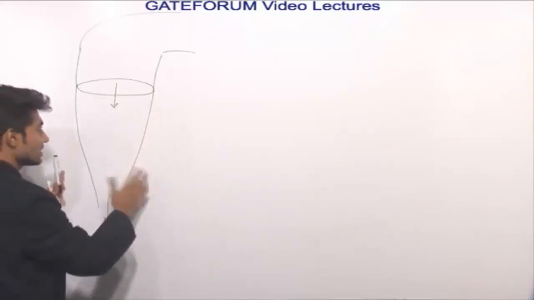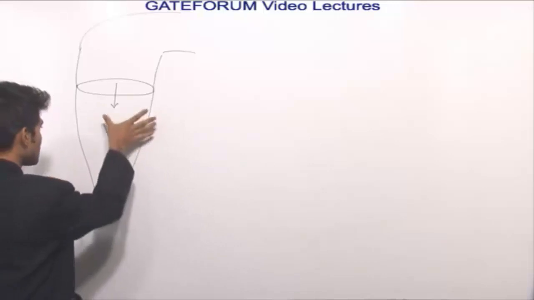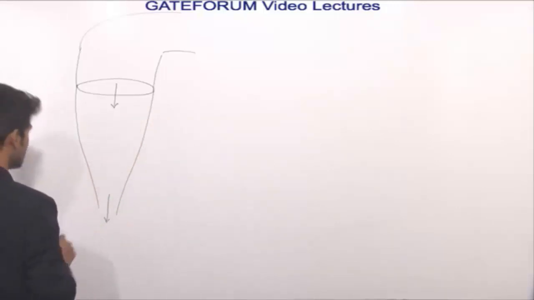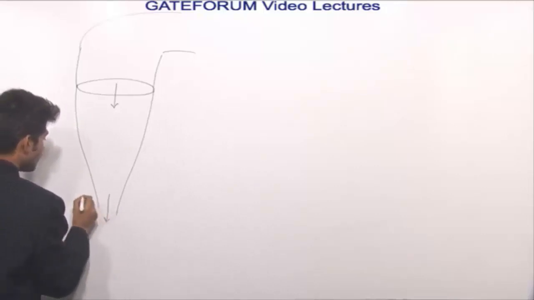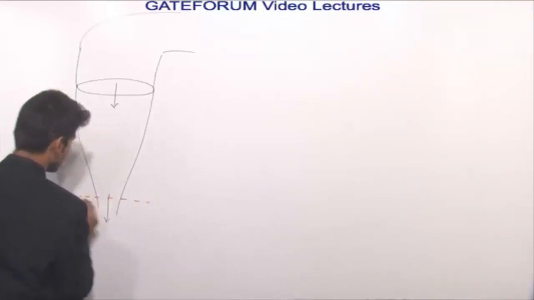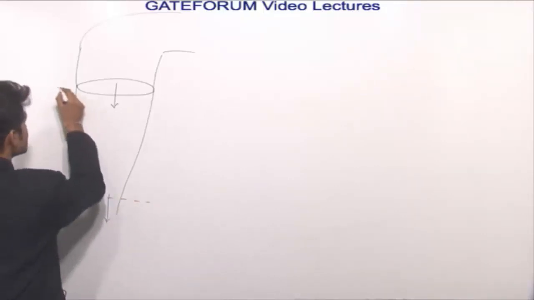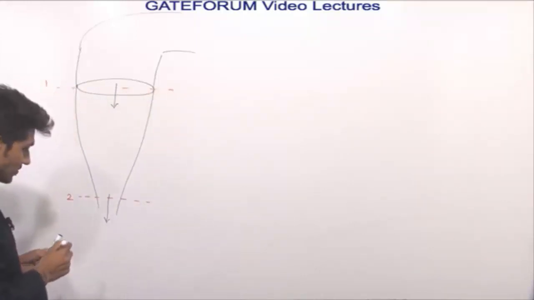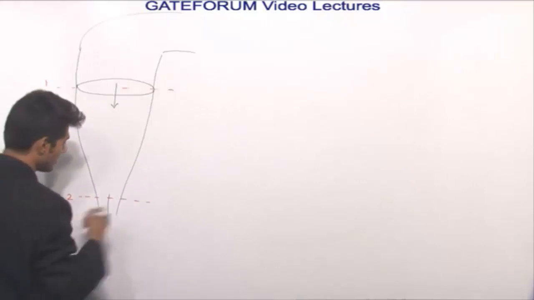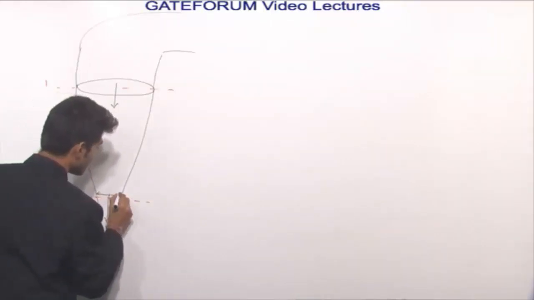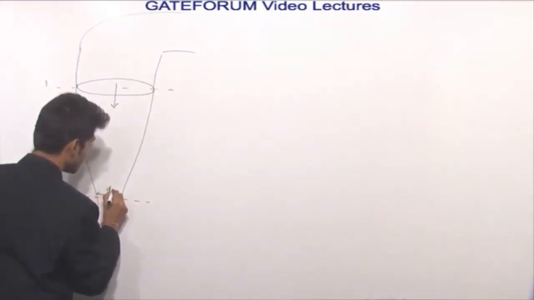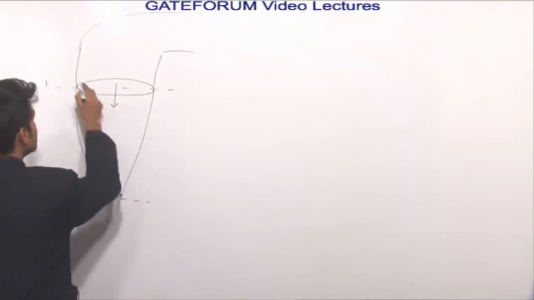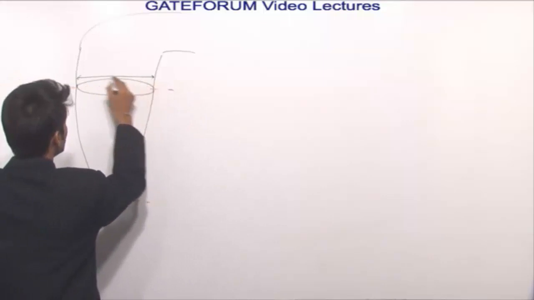It is a very general idea that this water stream is going to be narrow at the bottom. If this is section 1, the opening, and this is section 2, at which we need to calculate the diameter of this stream, we are already given that the tap diameter is 20 mm.